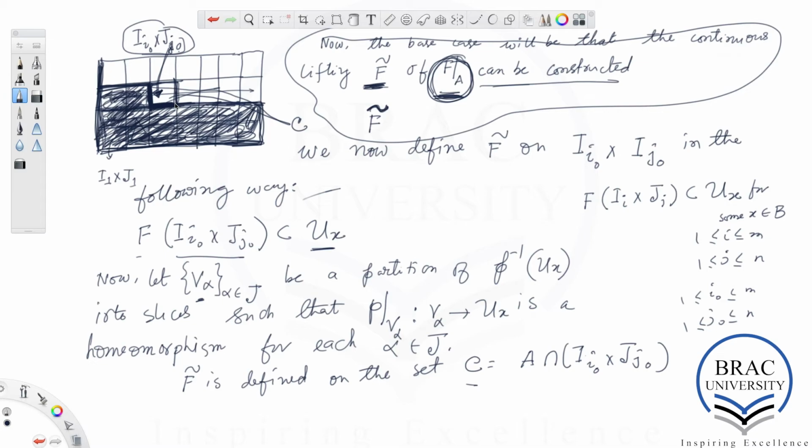And also we know that f tilde is a continuous map.